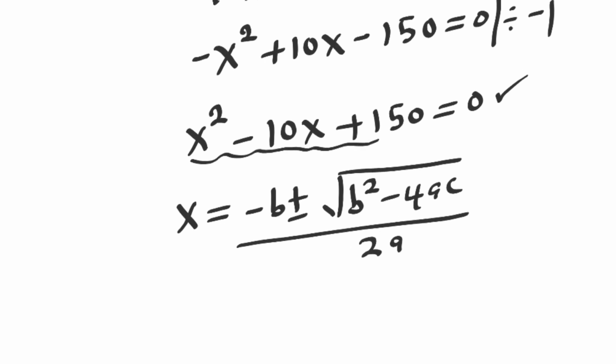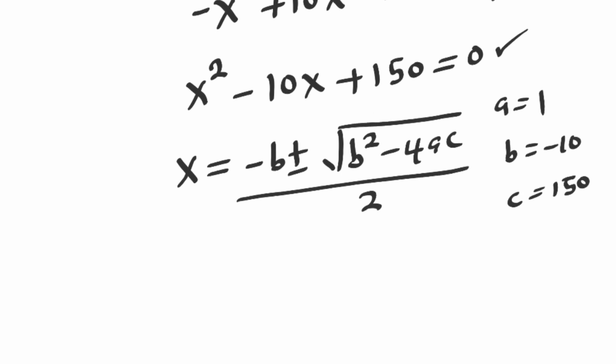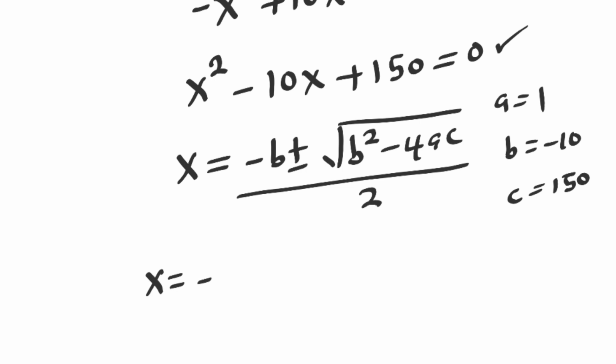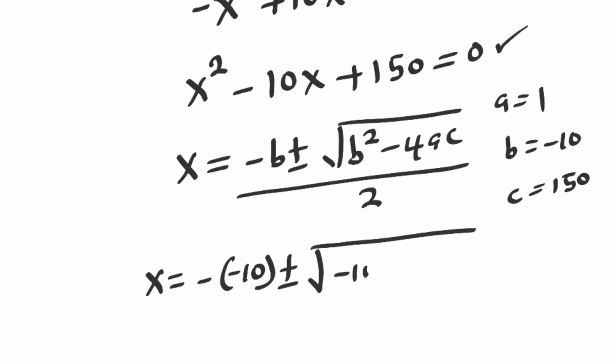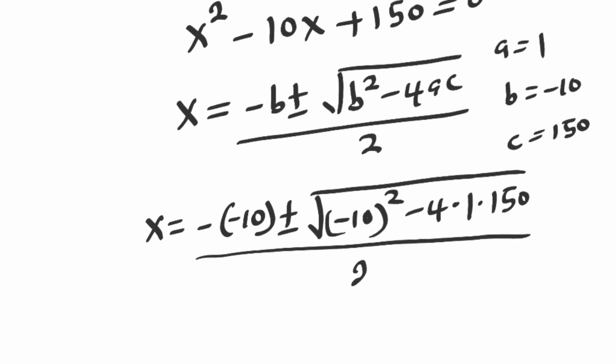From this equation here, a is equal to 1, b is equal to minus 10, c is equal to 150. x is equal to minus bracket minus 10 plus or minus square root of minus 10 square minus 4 multiplied by 1 multiplied by 150, which is c, and a is 1, divided by 2 multiplied by 1.